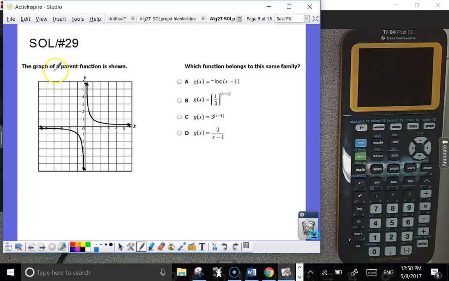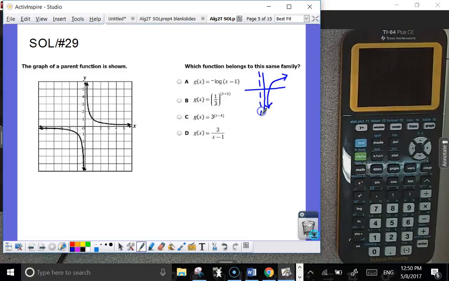So it says the graph of a parent function is on the left. Which function belongs to the same family? And what it means is that none of these have exactly that graph, right? Because they have numbers that have been added and subtracted and things like that. But again, you should know all of these functions pretty easily. Like this is a logarithm. The parent function of a logarithm we've already looked at, but it goes something like that.